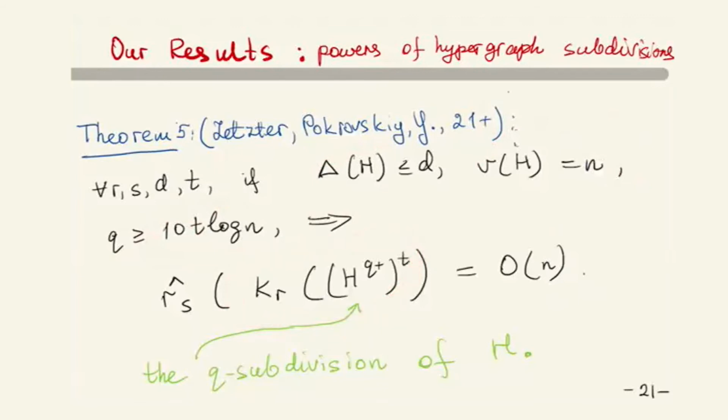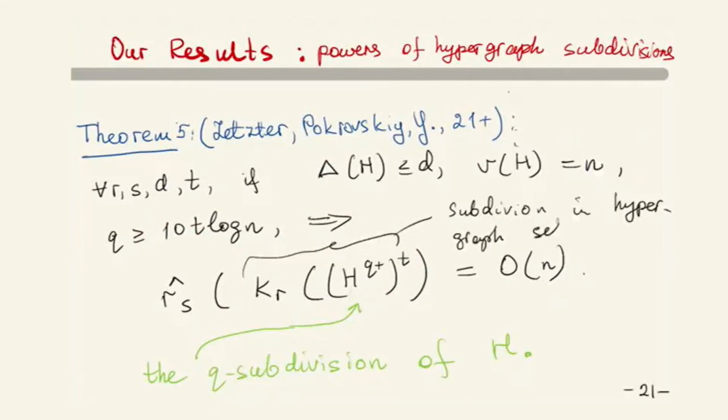Okay, so what is this graph? The way we are thinking of it is as the subdivision in the hypergraph setting. This is not a classic definition; we couldn't find any definition of subdivisions in the hypergraph setting, and our proof was giving this, so this is how we formalized it. I take the Q subdivision of H and I take its T power.